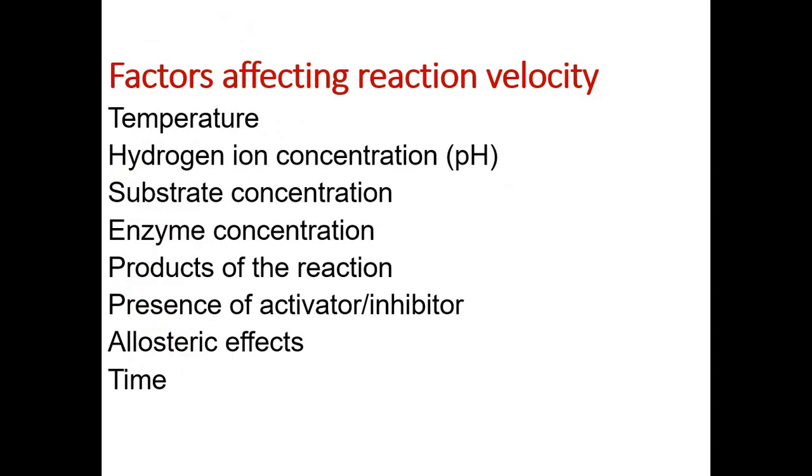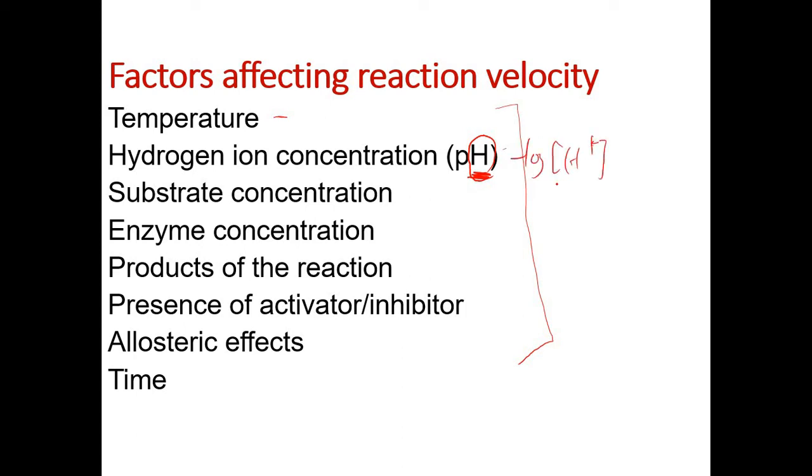So next are the factors affecting reaction velocity or speed. These factors affect the speed of the reaction. First is the temperature, of course. Another is the pH, or the hydrogen ion concentration. The hydrogen ion concentration is related to the pH by the negative log of H+.